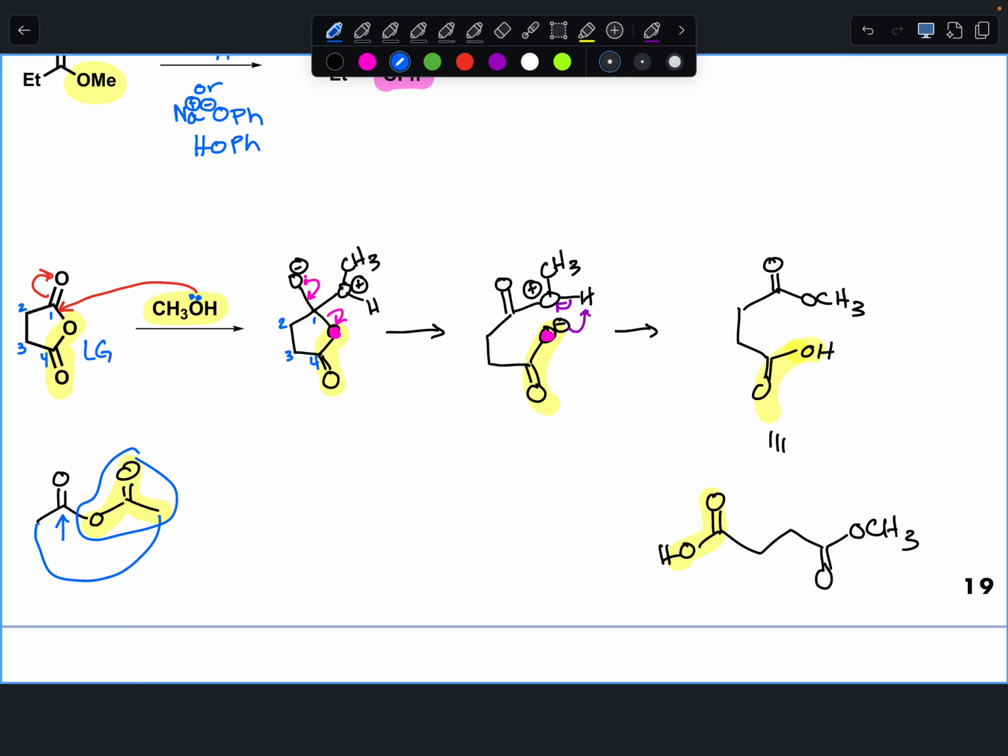So now what's going to happen is that the base is going to pull off the alpha proton. Electrons are going to flow down to form the pi bond. And that is going to give us our enolate. So this is the enolate.